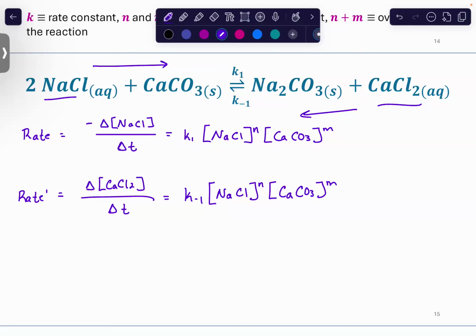Now notice I still use the concentrations of the reactants. It's affected by the rate constant that I put in front of it. Now, we can also find ways to compare the rate constants to each other.